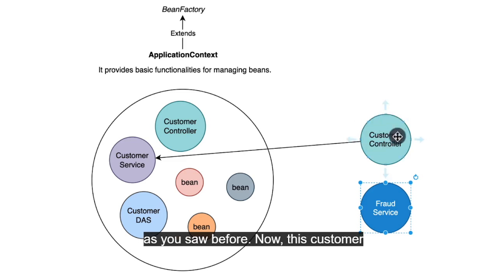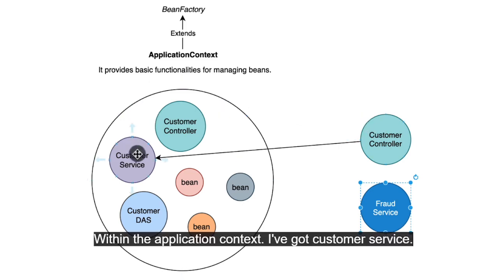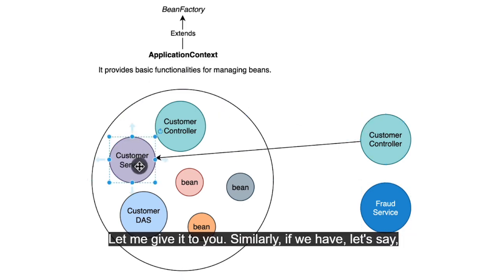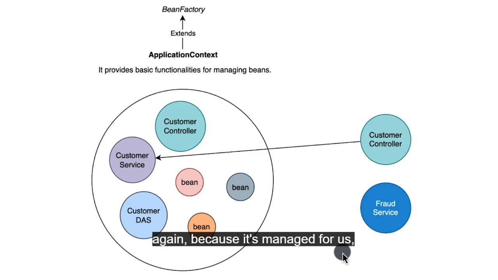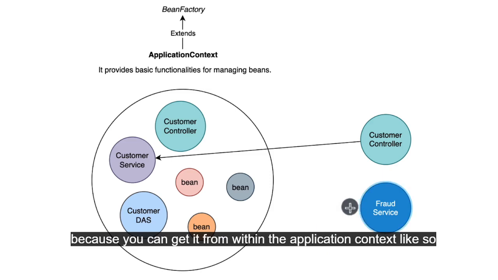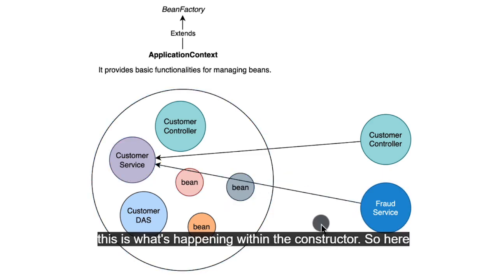The customer controller basically says, hey, I need an instance of customer service, and then Spring says, oh, cool, within the application context I've got customer service, let me give it to you. Similarly, if we have a class called fraud service that needs an instance of customer service, it doesn't need to create the instance again because it's managed for us, and it can get it from within the application context like so.